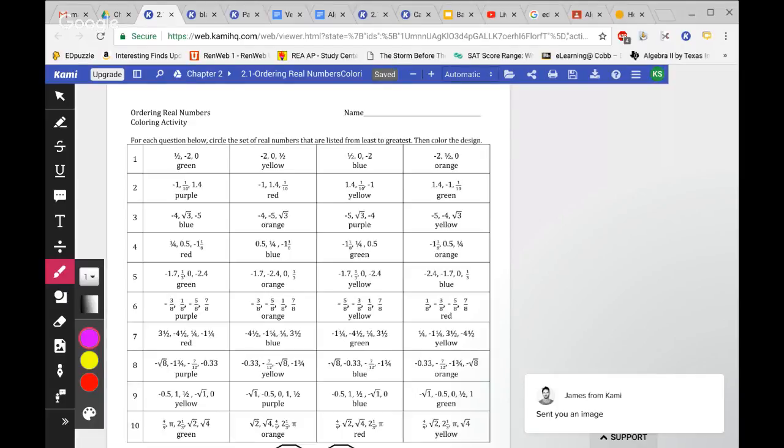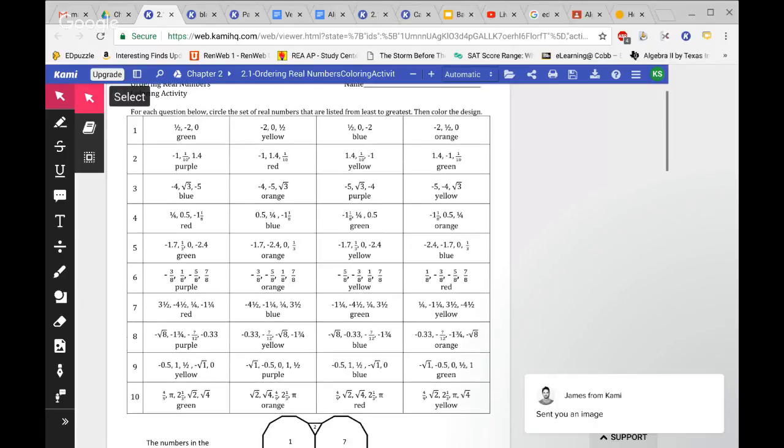Okay, so ordering real numbers. What you want to do is in each of the rows, circle the set of real numbers that are listed from least to greatest, and then you'll color the design in the bottom according to that.